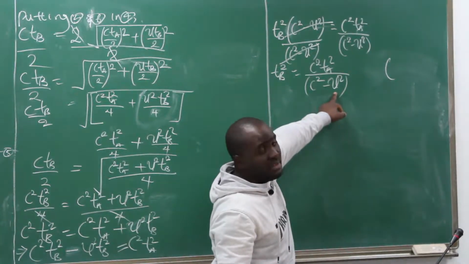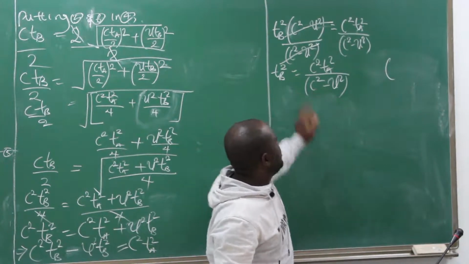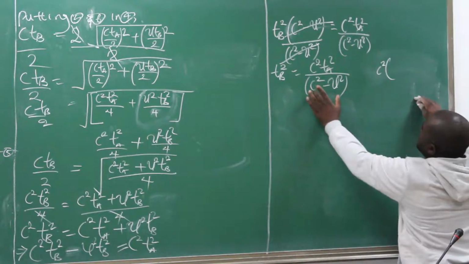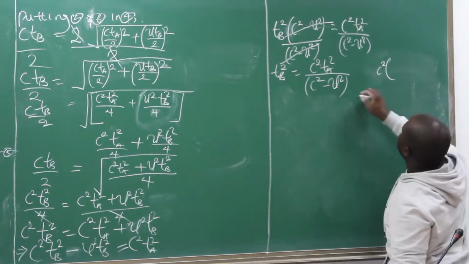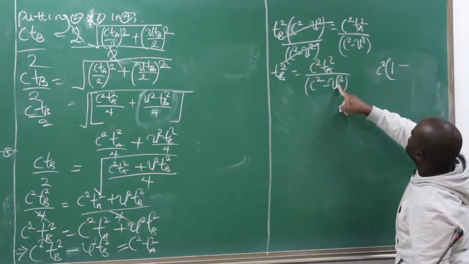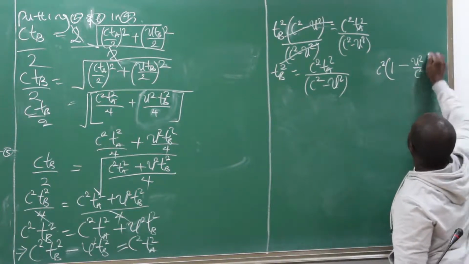Although there is no c squared here, there's a clever way we can do it. If we bring out the c squared here, and then divide both sides, these two places, by c squared, c squared divided by c squared gives us 1 minus u squared divided by c squared, which is still the same thing as u squared all over c squared.